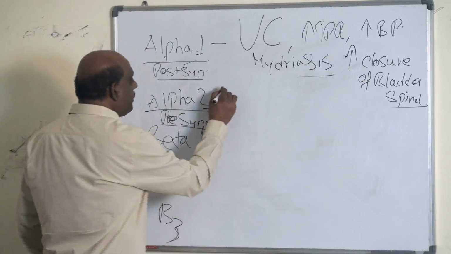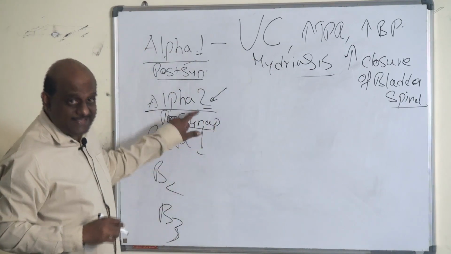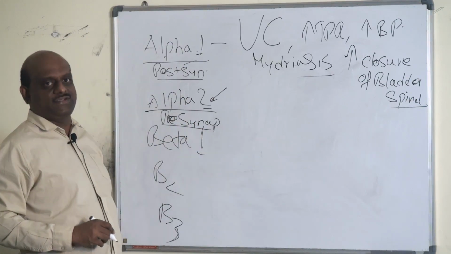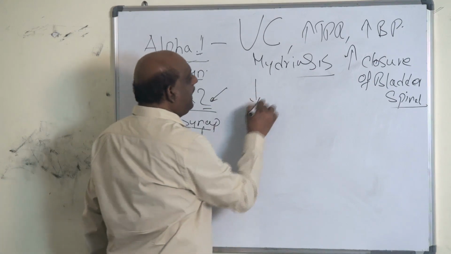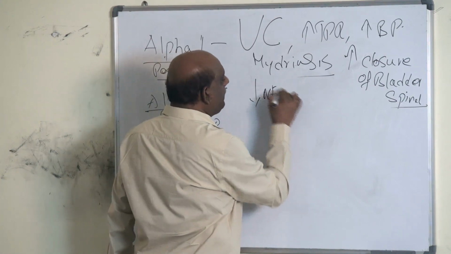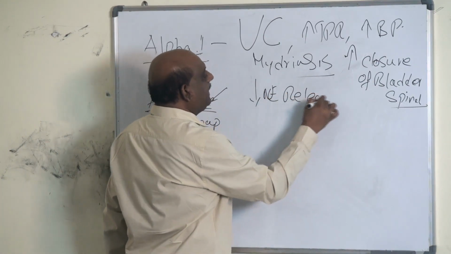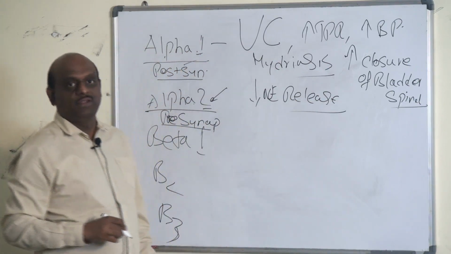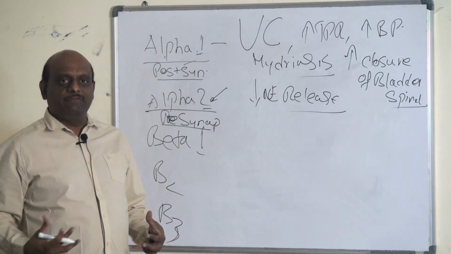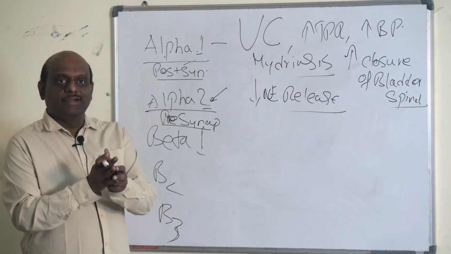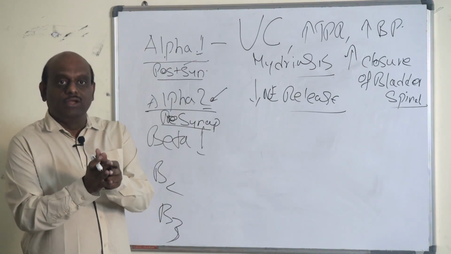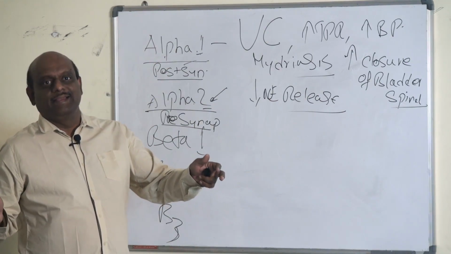If the alpha 2, which is the presynaptic receptor in the CNS, is stimulated, that will decrease the release of norepinephrine. Decreased norepinephrine in turn will lead to decreased vasoconstriction, so vasodilation occurs.